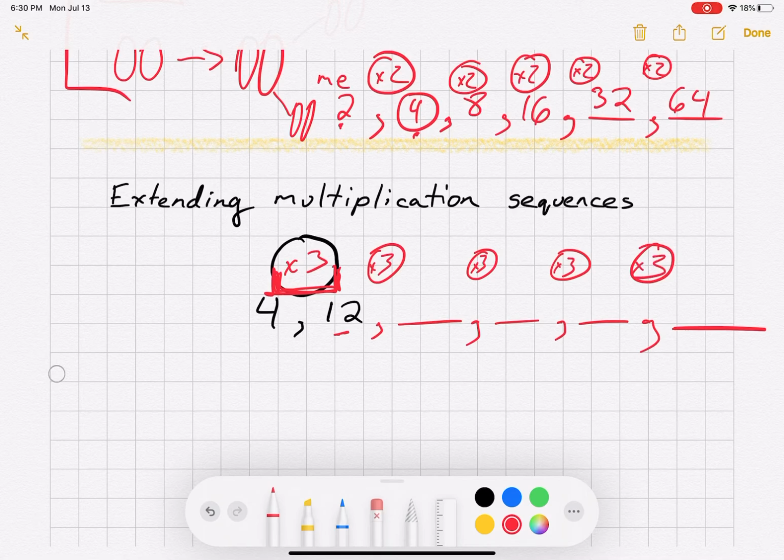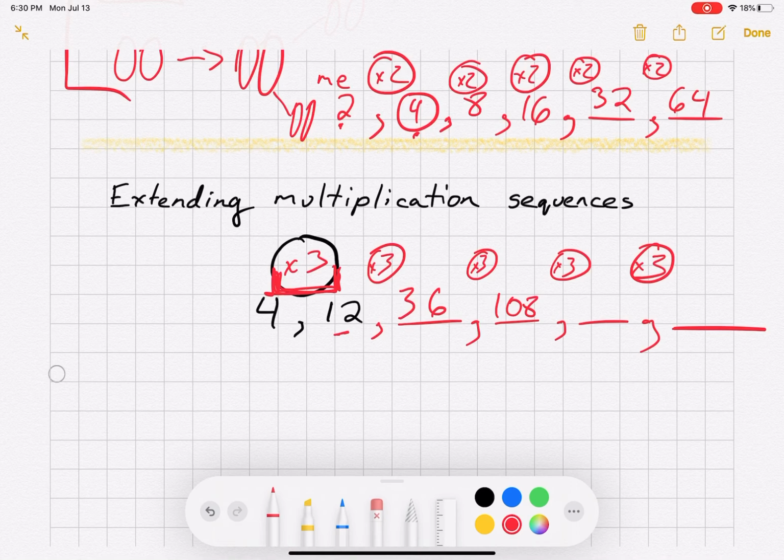All right, so what is 12 times 3? 36, right? And 36 times 3 is 108, right? And then you might have had a little bit of trouble with this one, and you know what? Calculators are okay for this as well.